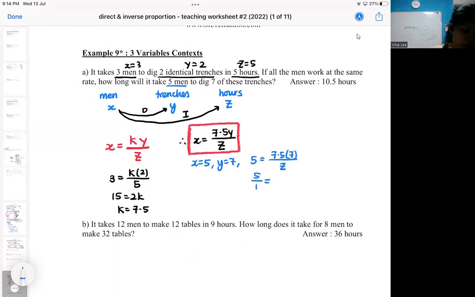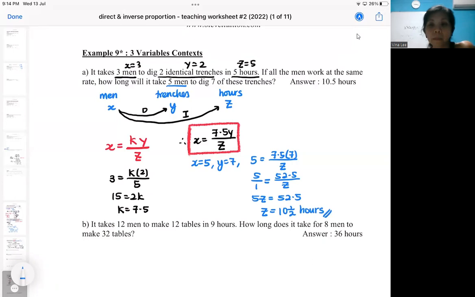Sometimes you are stuck because you couldn't cross multiply. If you can cross multiply, that will just be 10.5. So if you have 5 men digging 7 trenches, it will take them 10.5 hours.